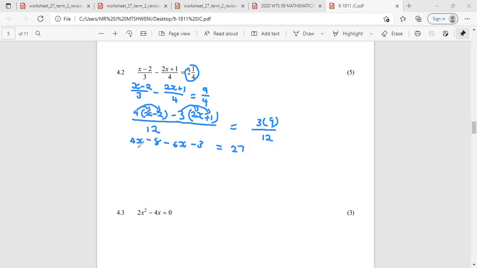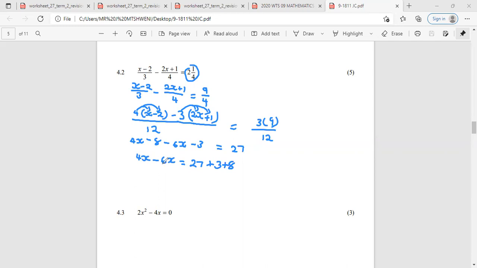Then from here, you group your like terms. 4x minus 6x equals 27. This one goes to the other side. It's plus 3 plus 8. Anything with x is left, then the numbers go to the right hand side.